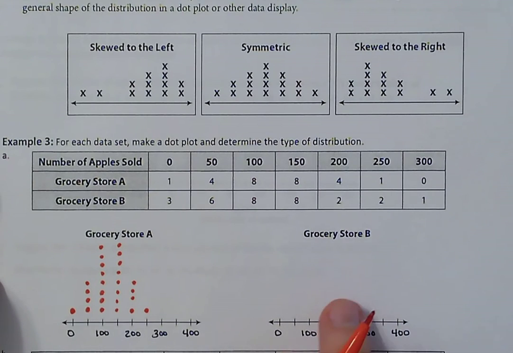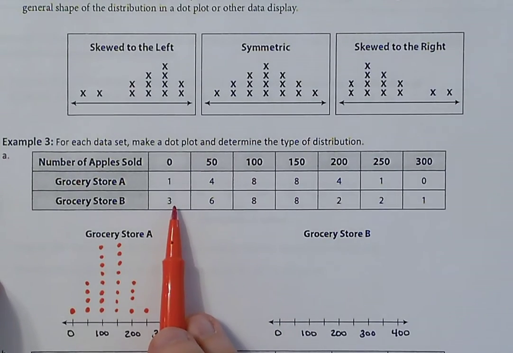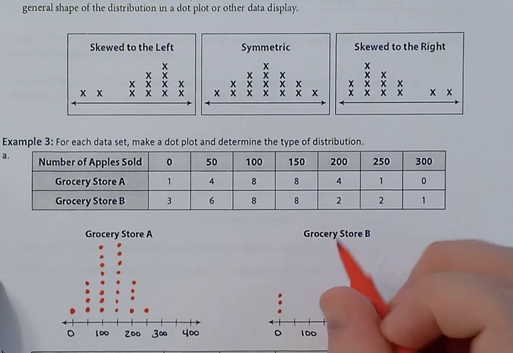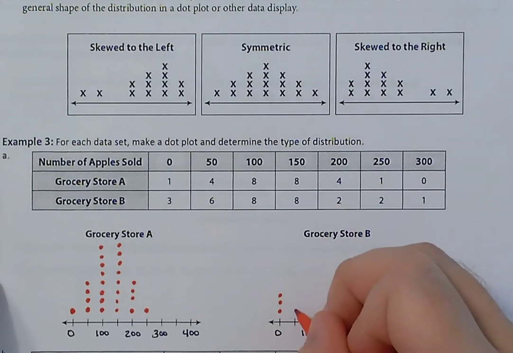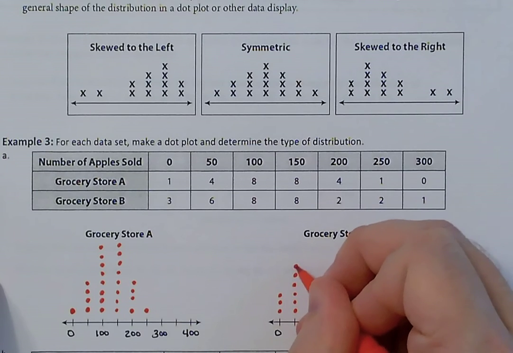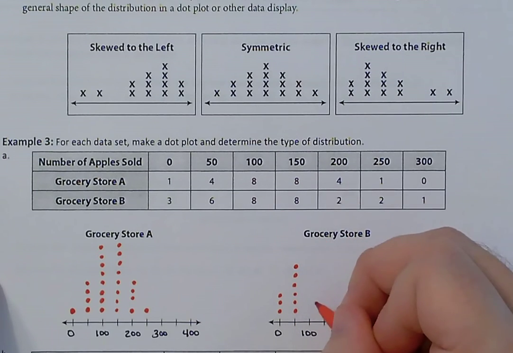Let's go ahead and make our dot plot for grocery store B. So that's what we want to focus on next. So at 0, it's 3. For 50, it's 6. At 100, it's 8.